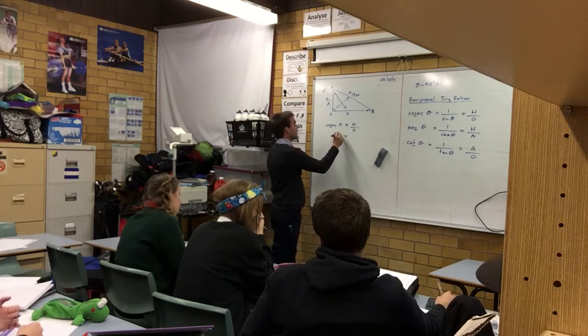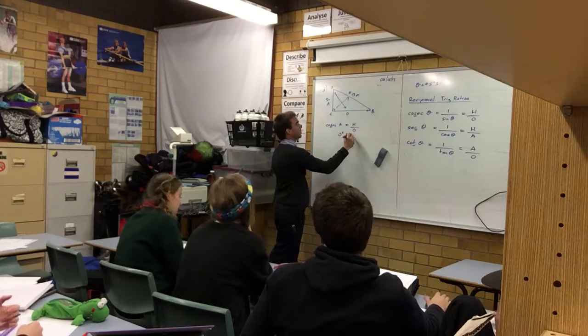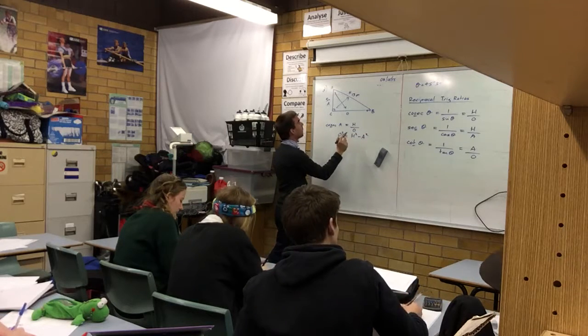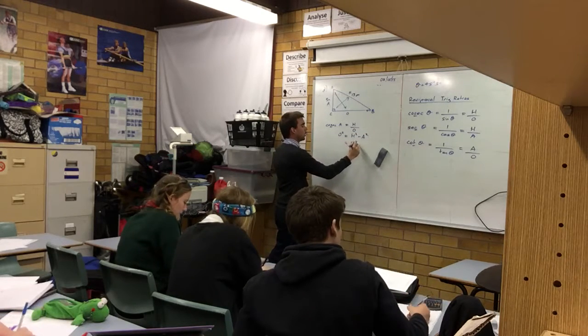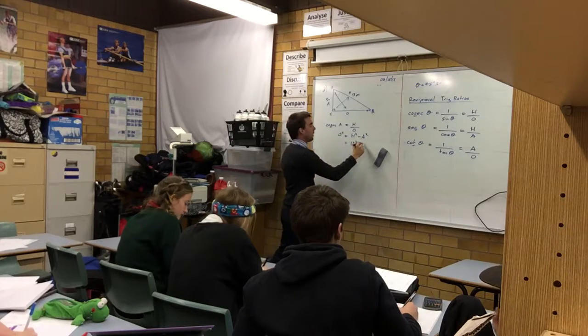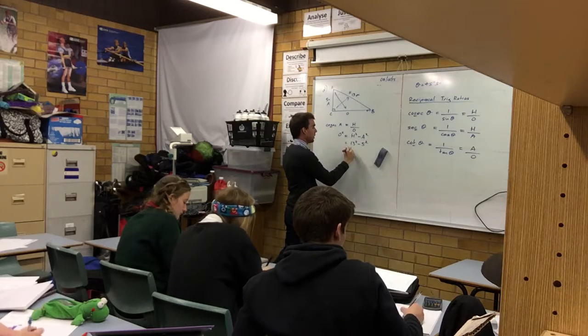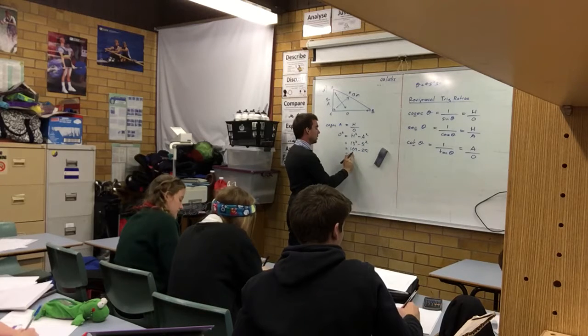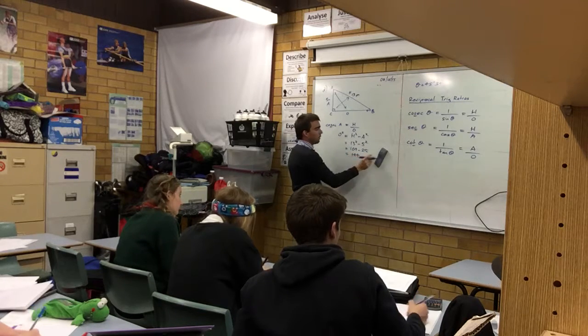So we need to do first O squared, which equals H squared take away A squared. So 13 squared take away 5 squared, 169 take away 25, which is 144.